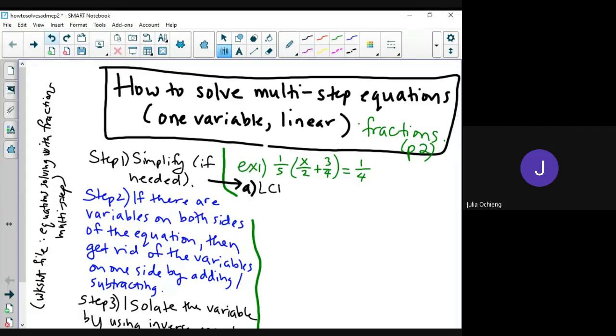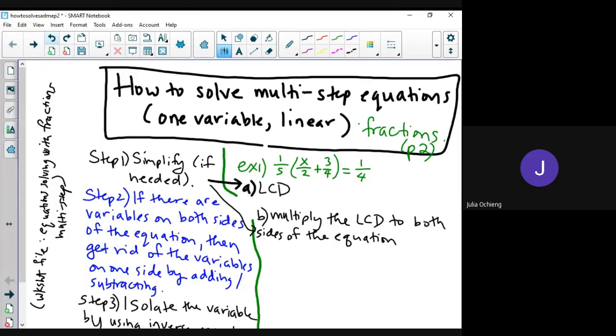We're going to need to get the least common denominator, which we talked about in the other video, and then after that, multiply the LCD to both sides of the equation to get rid of the fractions. And I'm going to even be more specific: to get rid of the denominators, because the denominators are what makes the fraction a fraction.